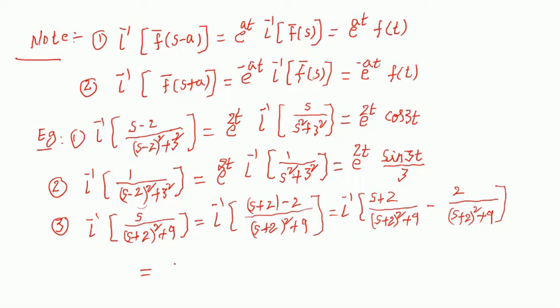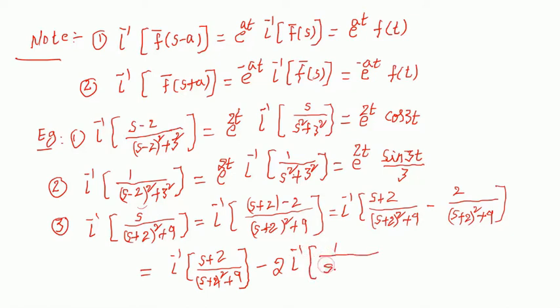Then what happens here, L inverse of s plus 2 by s plus 2 whole square plus 9 minus 2 into L inverse of 1 by s plus 2 whole square plus 9, right?